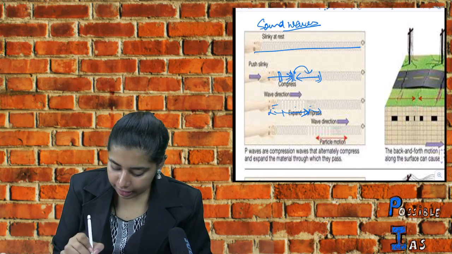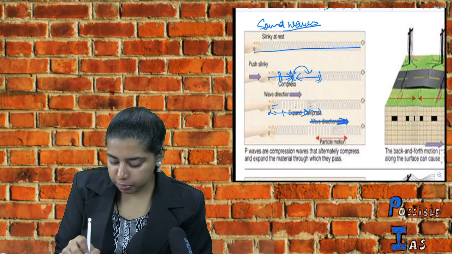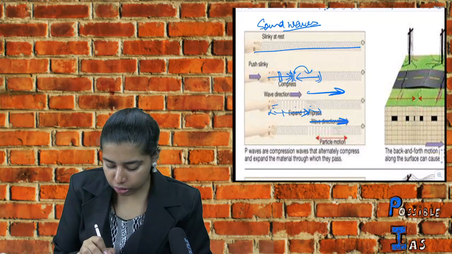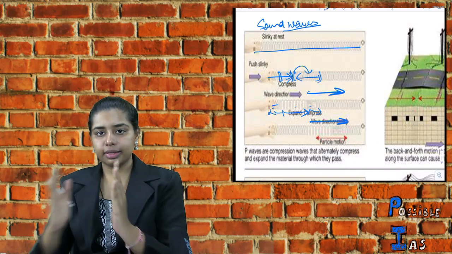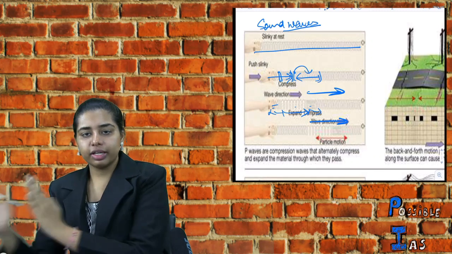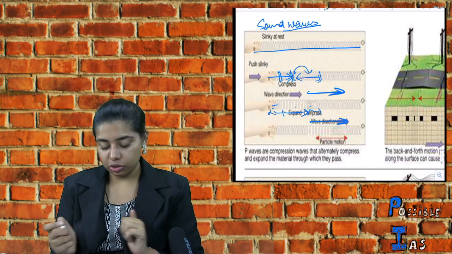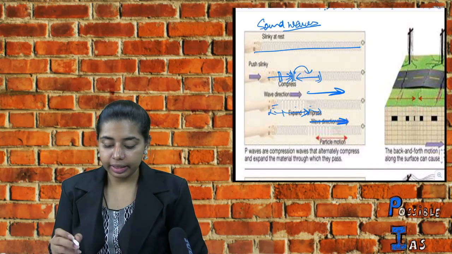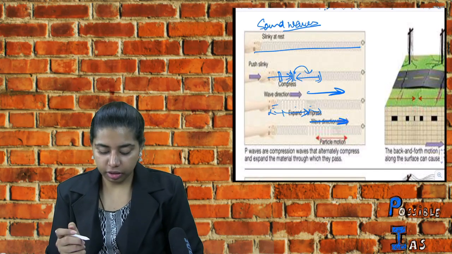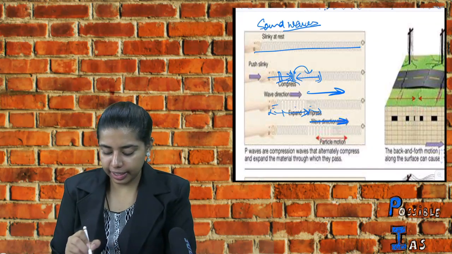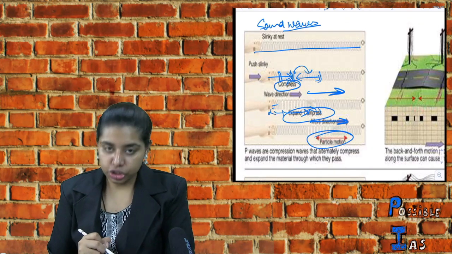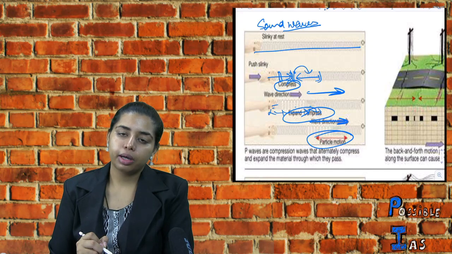So now the particles are moving in the direction of the wave. The wave is progressing in this direction, and the particles are also moving in this direction. Expansion is also happening in this direction, right? So that is what happens in the P waves: the particles move by compression and expansion, and the direction of particle motion is parallel to the direction of wave motion.